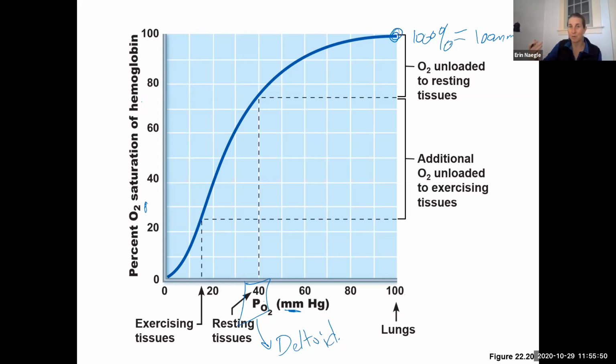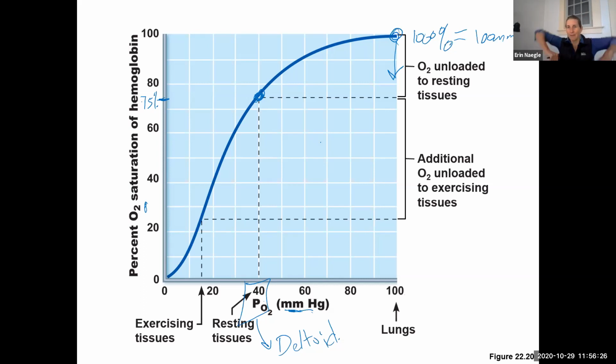In this case, how much is going to diffuse out of the body? This is how we read this. At 40 millimeters of mercury, we're going to be right here. That's around 75%, ish. So what that means is about 25% of the oxygen that is traveling in your blood is going to unload and go into your resting tissues.